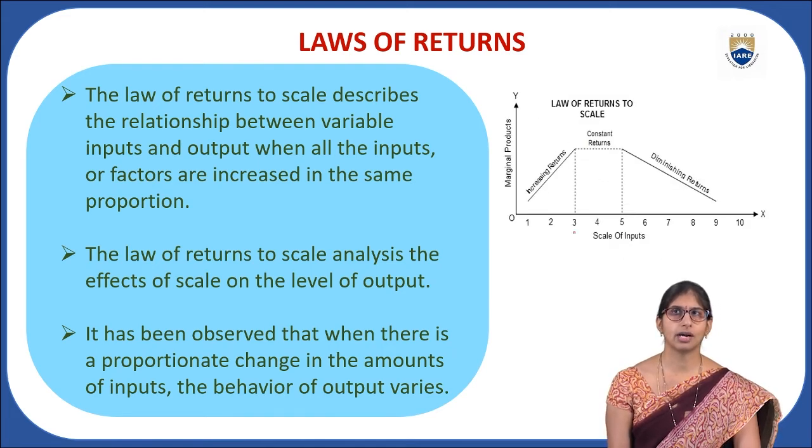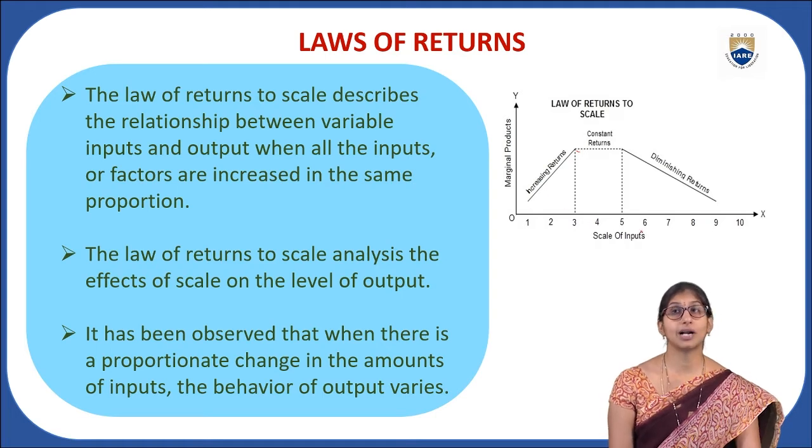This is how the curves of law of returns to scale look. Here we are taking multiple input factors and the marginal products. The output increases, then becomes constant and again starts declining. This we call diminishing returns.